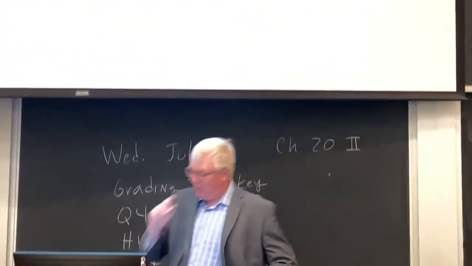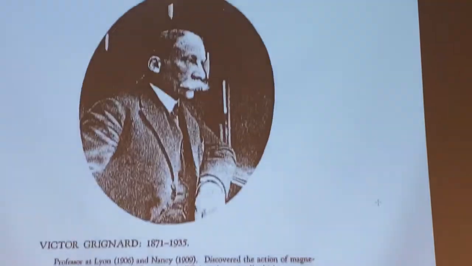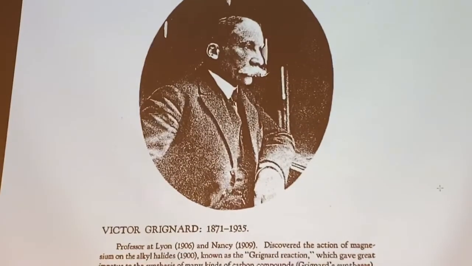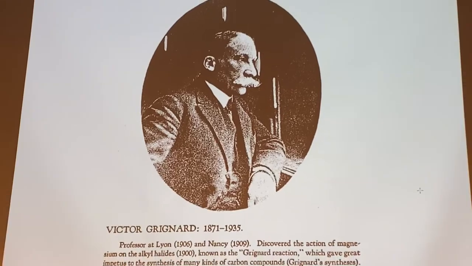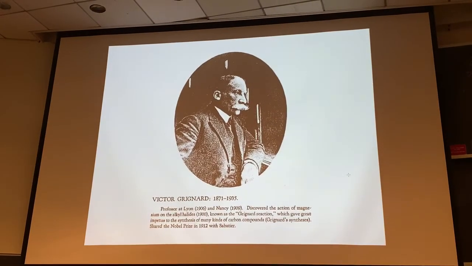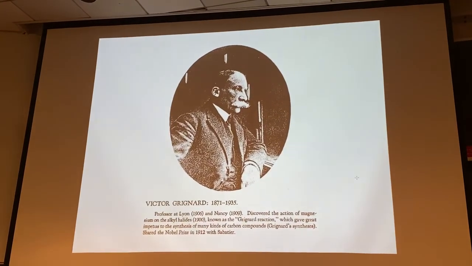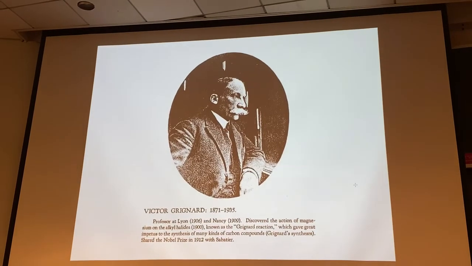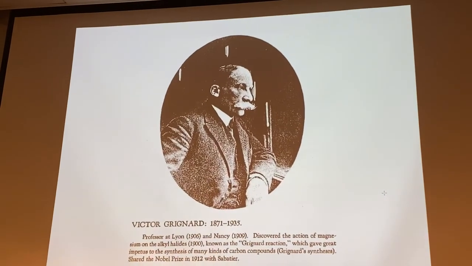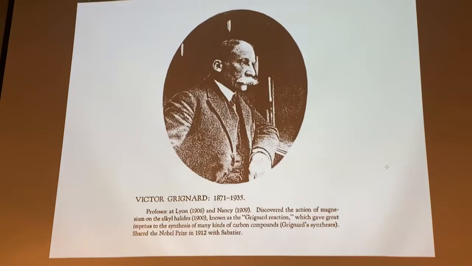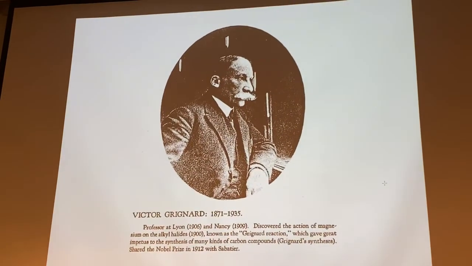Let's go back up to the overhead here. Oh, there you go, Victor Grignard. Very impressive mustache. Won the Nobel Prize in 1912, over 100 years ago. He shared the prize with Sabatier, another famous French chemist.